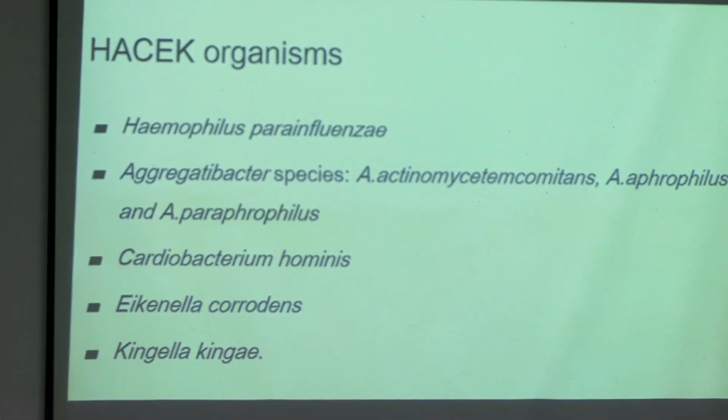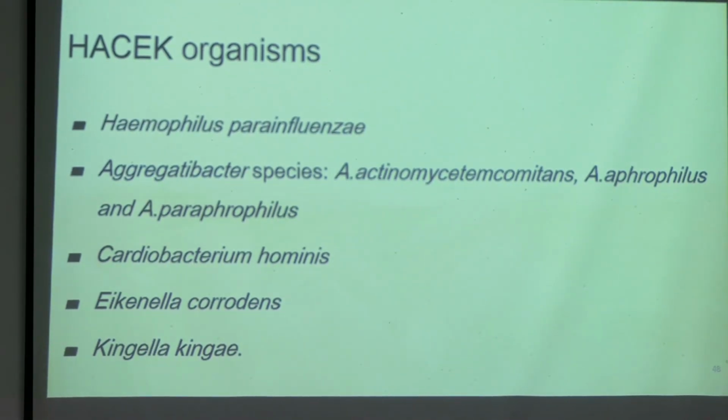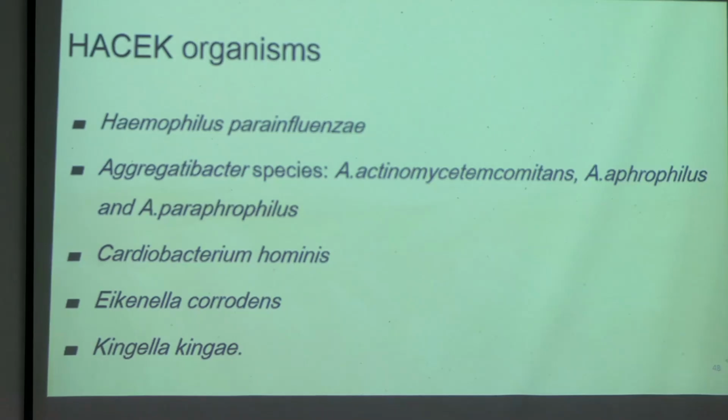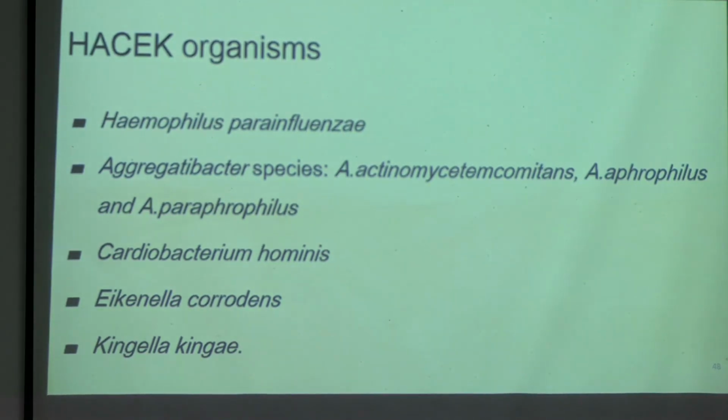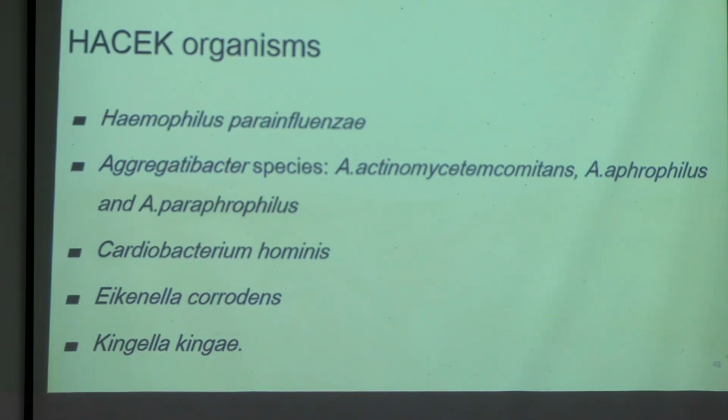So what are the HSEC group of organisms? H is for Haemophilus parainfluenzae, it is not influenzae, it is parainfluenzae. Then A for Aggregatibacter, which includes Aggregatibacter actinomycetemcomitans. You have to remember this name. And A also for Aphrophilus and Paraphrophilus.